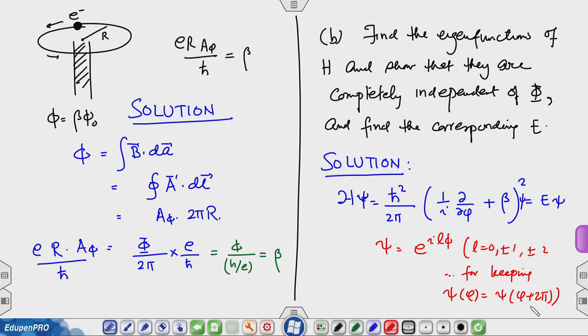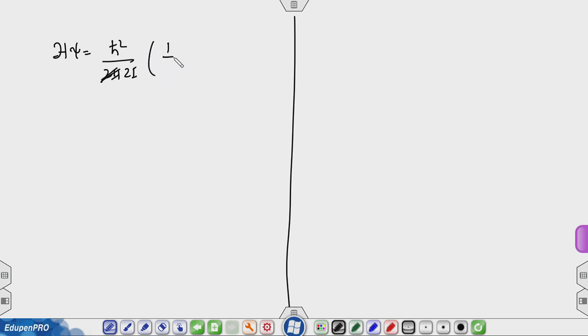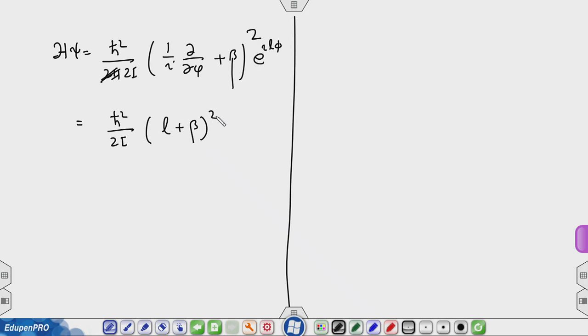That is the boundary condition. You substitute this in and you get H psi equals h cross square over 2 I times (1 over i d by d phi plus beta) square acting on e raised to i L phi, equals h cross square over 2 I times (L plus beta) square, where L equals 0, plus minus 1, plus minus 2, and so on.